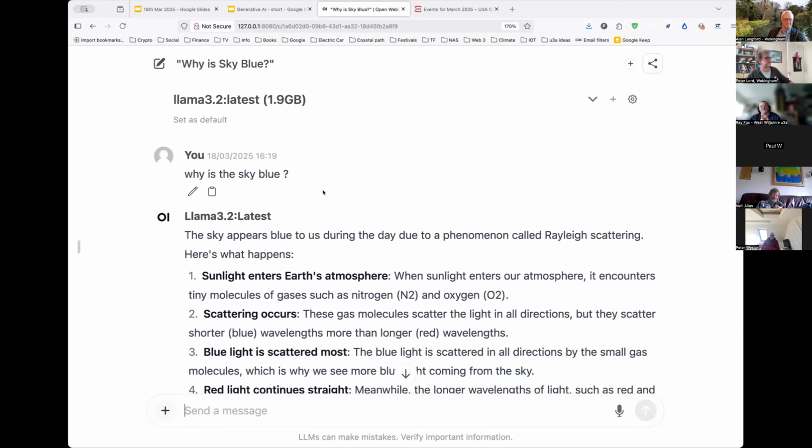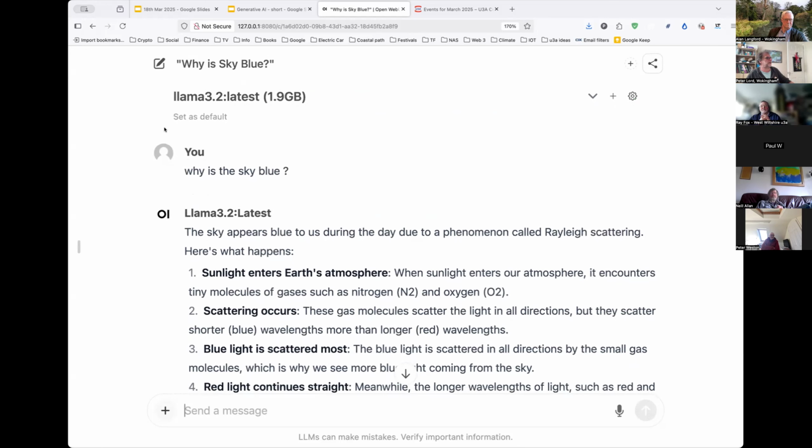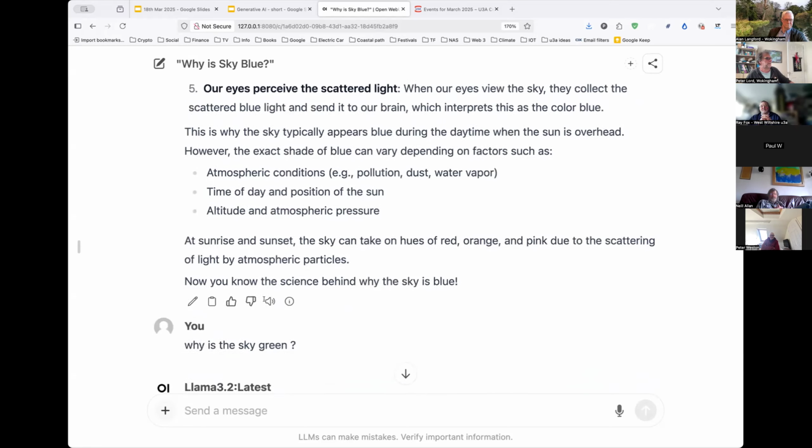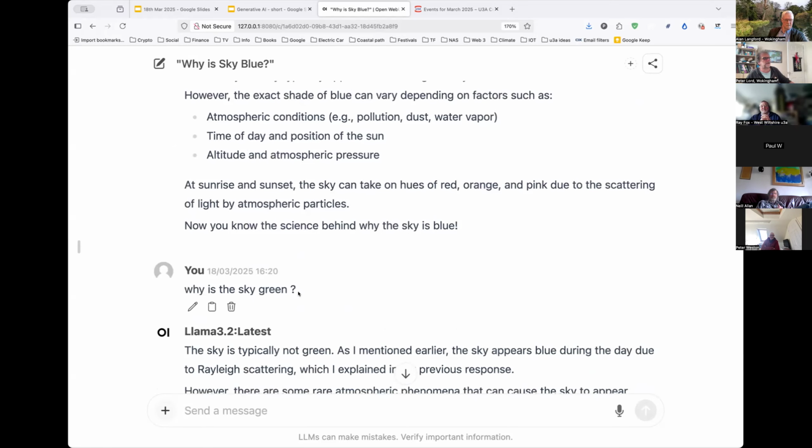One thing while we get a different poem is that what I'm typing here is called a context window. I'm scrolling up to the top. I've created a new context window. I've typed in why is the sky blue? I've got an answer. Now, when I type in why is the sky green, what actually gets input to the large language model is everything that's happened so far. So all the questions and answers. The model still has my question, why is the sky blue, and the previous answer.